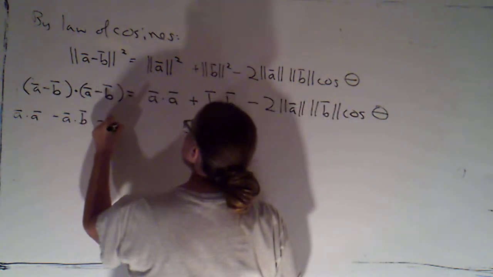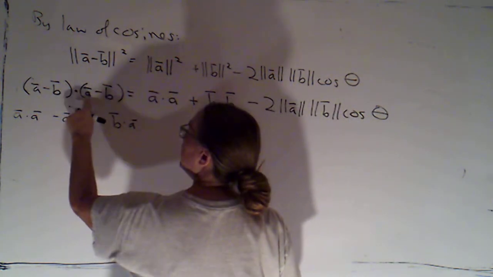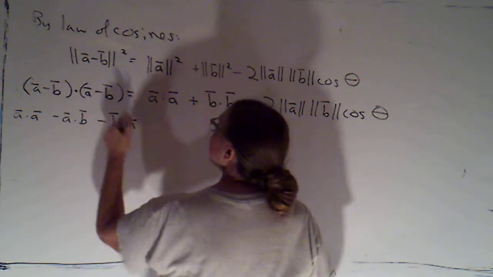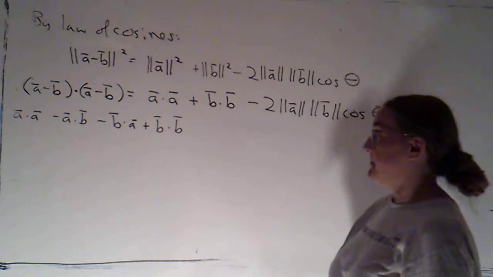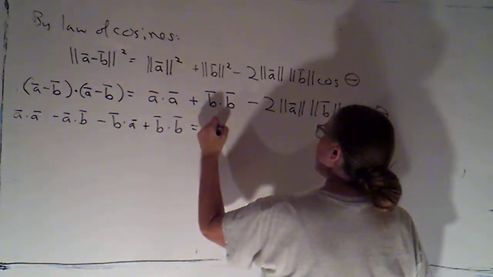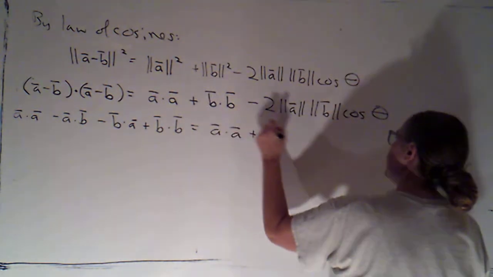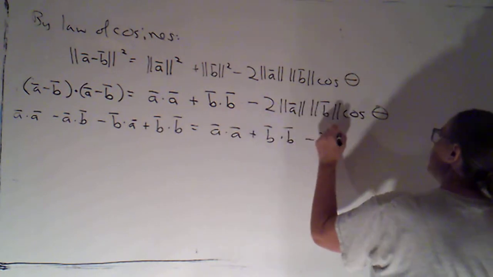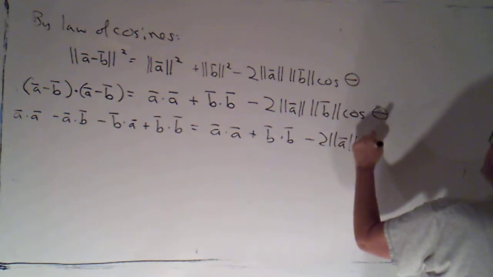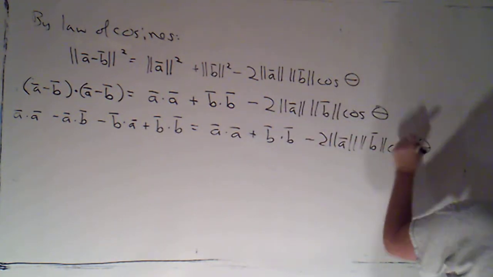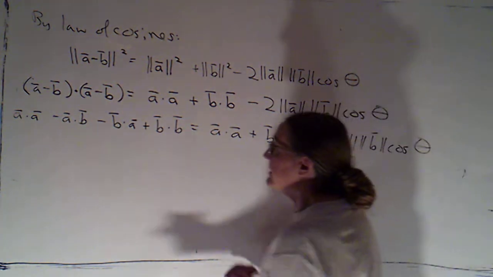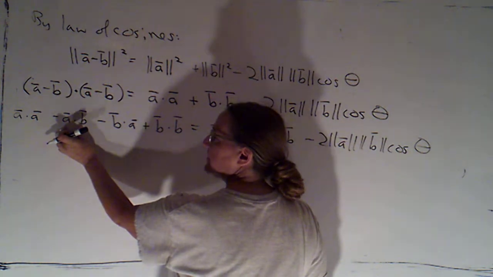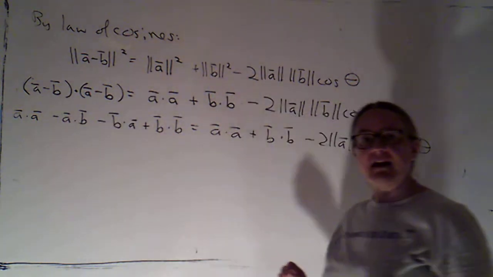And then minus B dotted with A. And then minus a minus is going to become plus B dotted with B. And that's equal to A dotted with A plus B dotted with B minus 2 magnitude of A, magnitude of B, cosine theta.